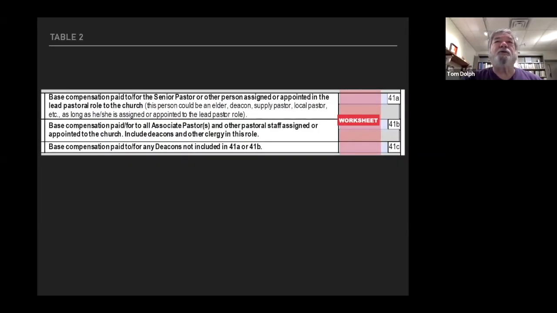They serve as an associate pastor, they help in worship, they do counseling services through your Christian ed people, but they must be appointed directly to your church. I am unaware that any of our churches do this anymore. We had a couple that did for a while, but most likely this line should be blank for most of you. That's 41C.